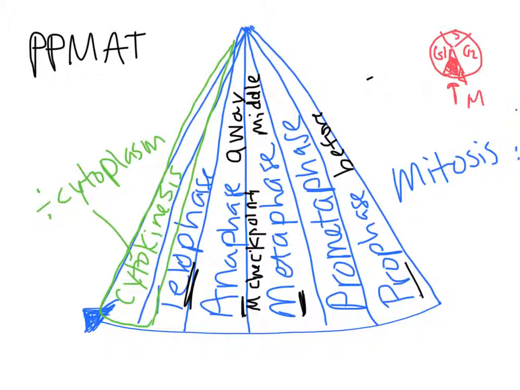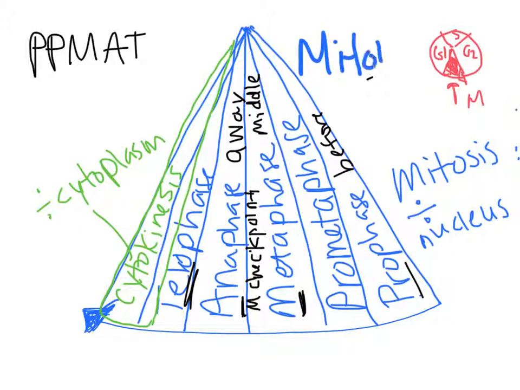So it's the cell actually physically divides. Mitosis is actually just the division of the nucleus. And this whole thing together is all called the M or mitotic phase.